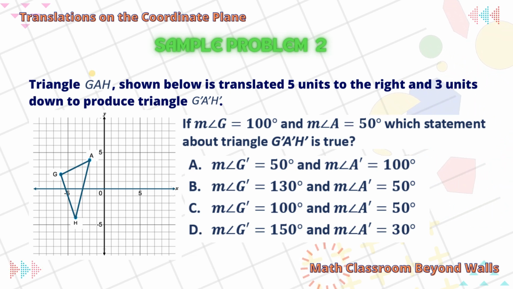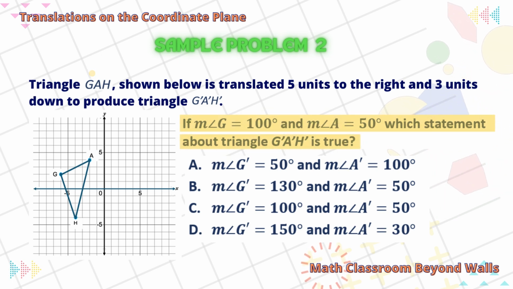We begin by reading the whole problem and may read it several times when needed to know what we are looking for, to determine what are given, and to figure out how the given information help find what we are looking for. What are we looking for here, learners? You are right. We are to determine which statement about the angle measures of the image is correct.